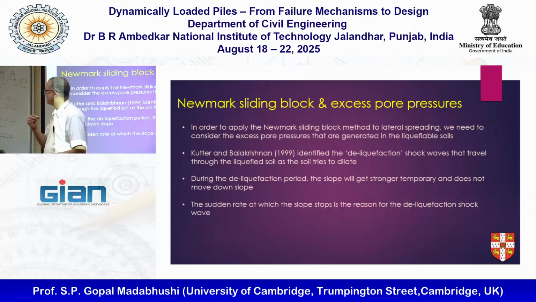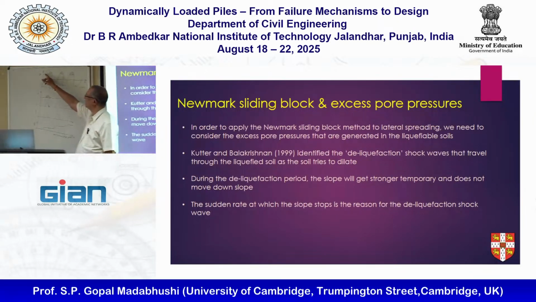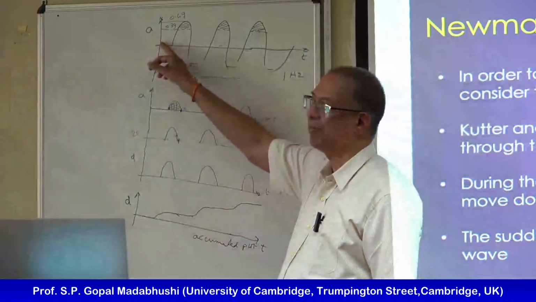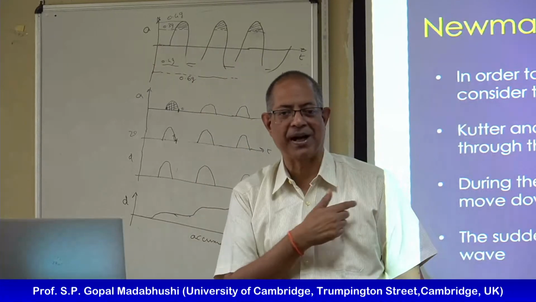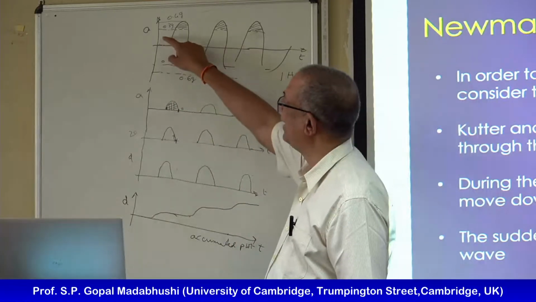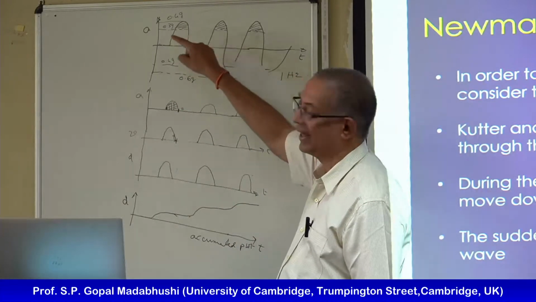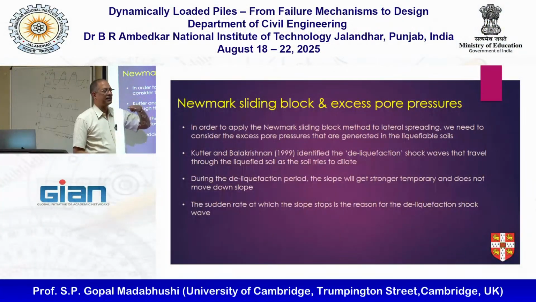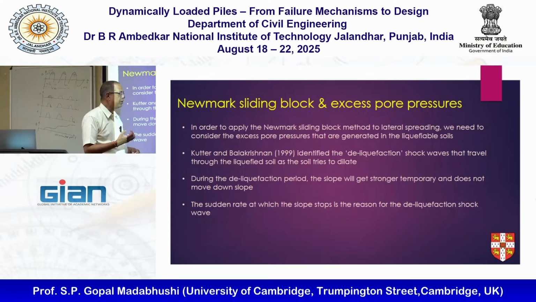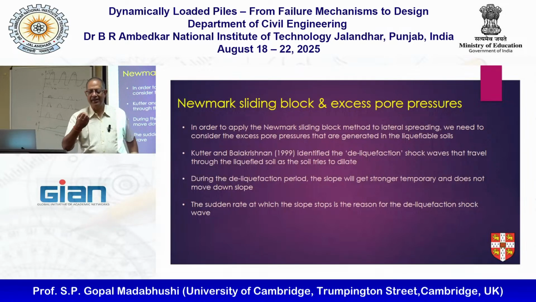So instead of being something like 0.3 g, that one will drop to say 0.05 g. Then I get huge amounts of spread, because now I'm integrating a much bigger area, all this area will be included. So the threshold acceleration is coming down because of the excess pore water pressure. And that is what reduces the strength of the material, or the sliding resistance capacity, if you like.